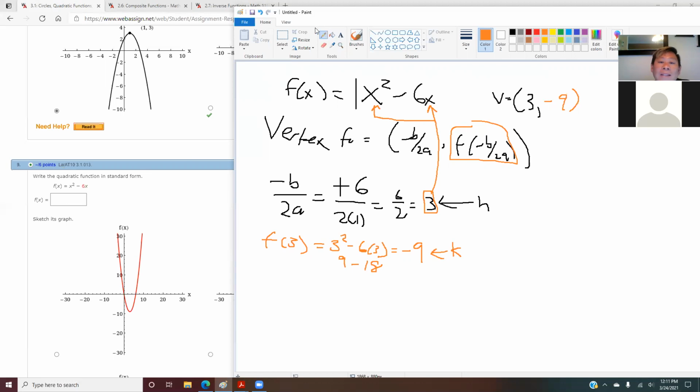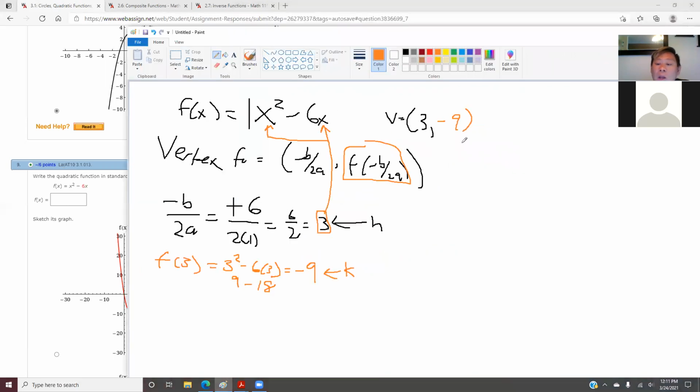But how do you write this in the standard form? So standard form is where you use a(x minus h) squared plus k. So what you do here is you take, this is your h, this is your k, and this is your a. Don't forget, this is your a. Same a, plug it over here. So the function in this case will be, now a is 1, so we do not need that. x minus h, h is 3.